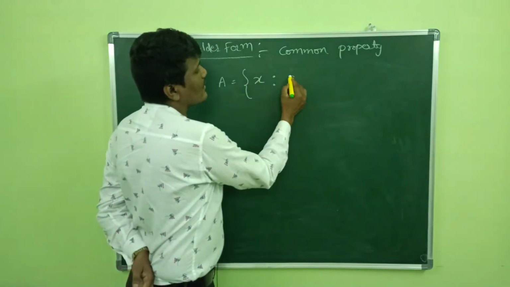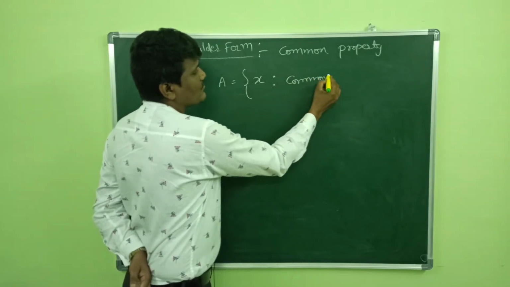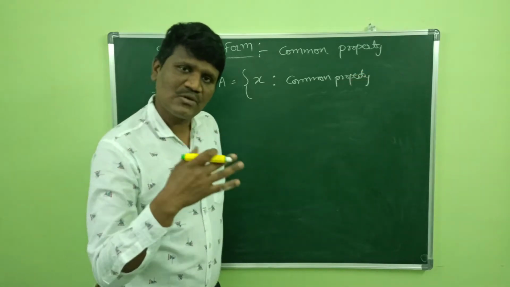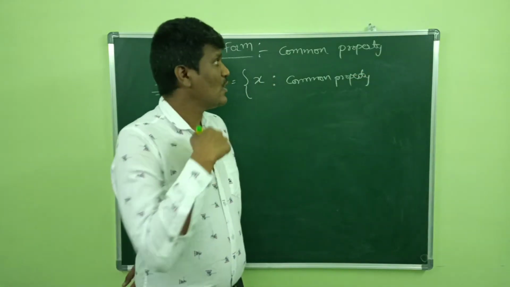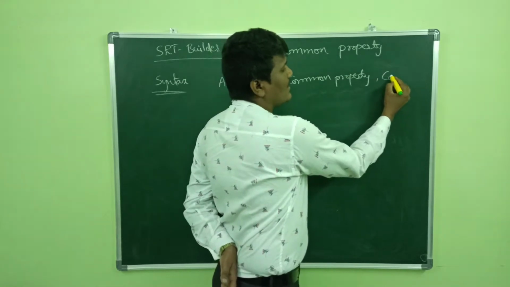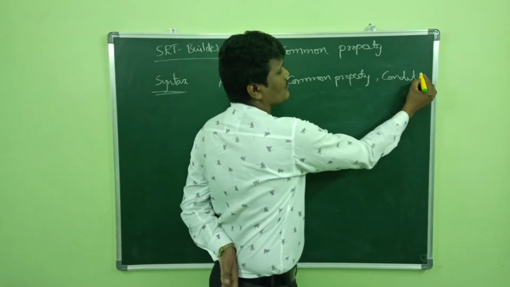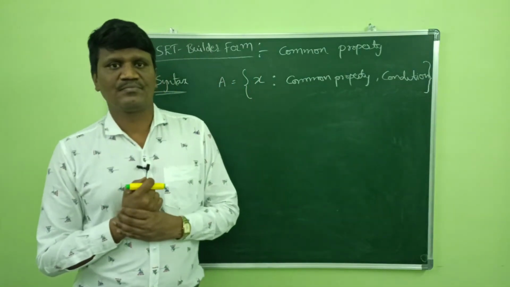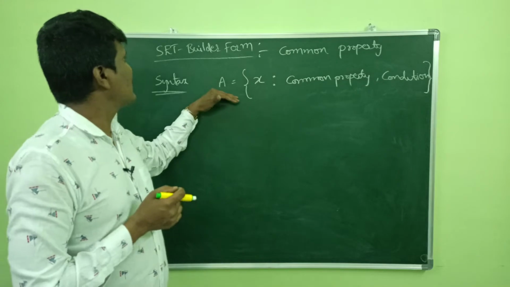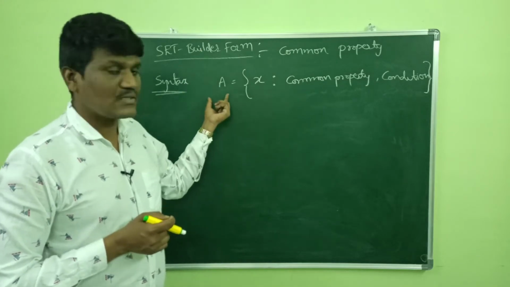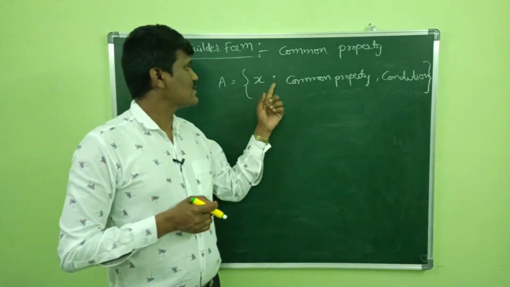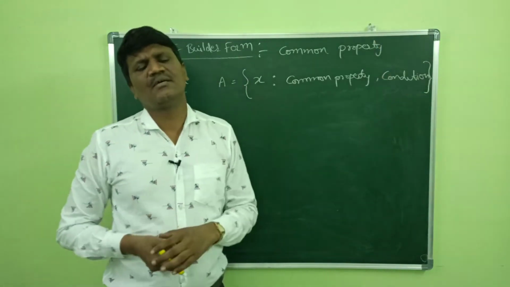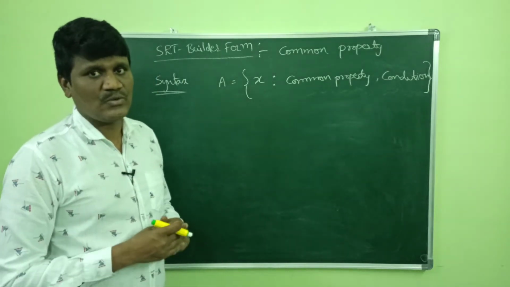Now here I should write the common property, or sometimes more than one common property, or a common property and a condition. Sometimes they give a condition. So this is the syntax of set builder form: A = {x such that common property and condition}. There can be more than one common property also.